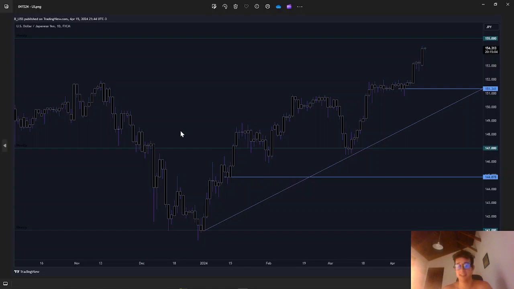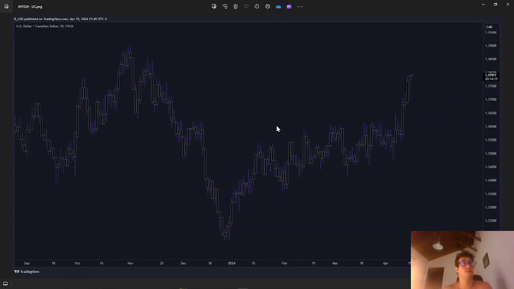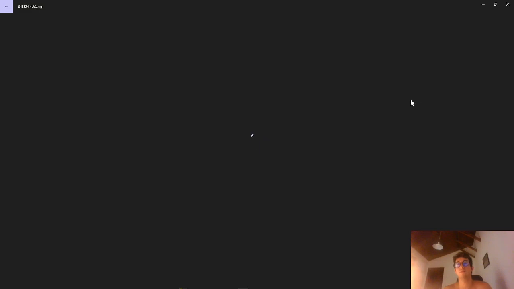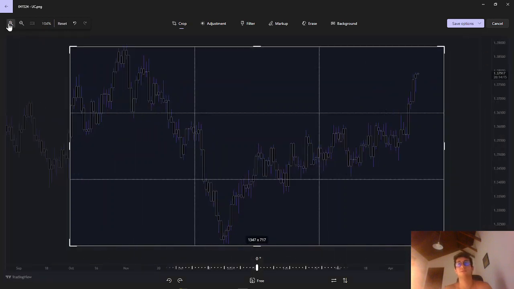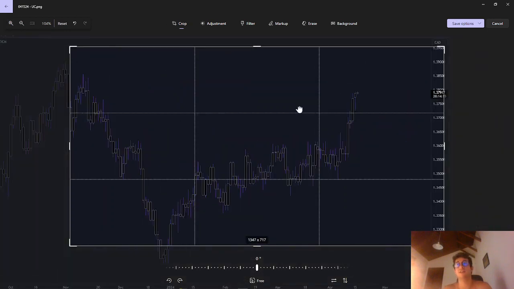We see the same with USD CAD. So USD CAD today, really nice. The fact that we get that longer wick on the daily candle means again that we had some sort of a pullback on our intraday time frame.